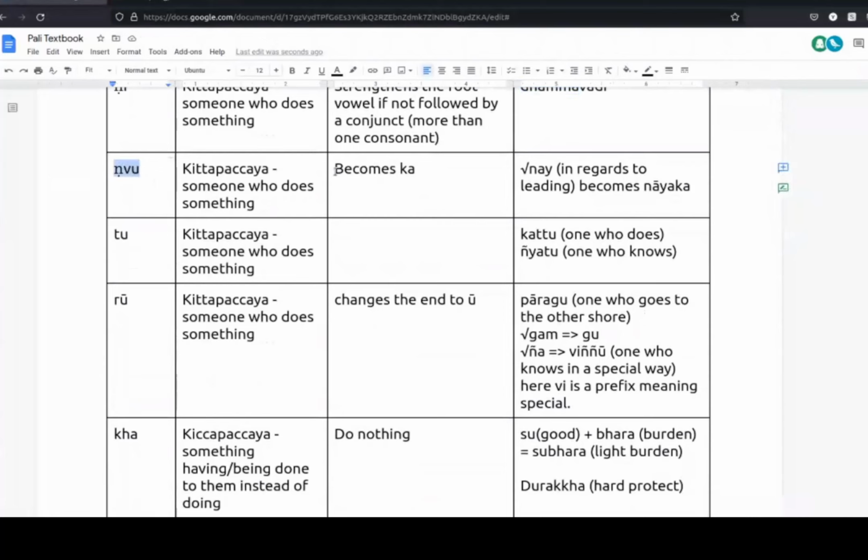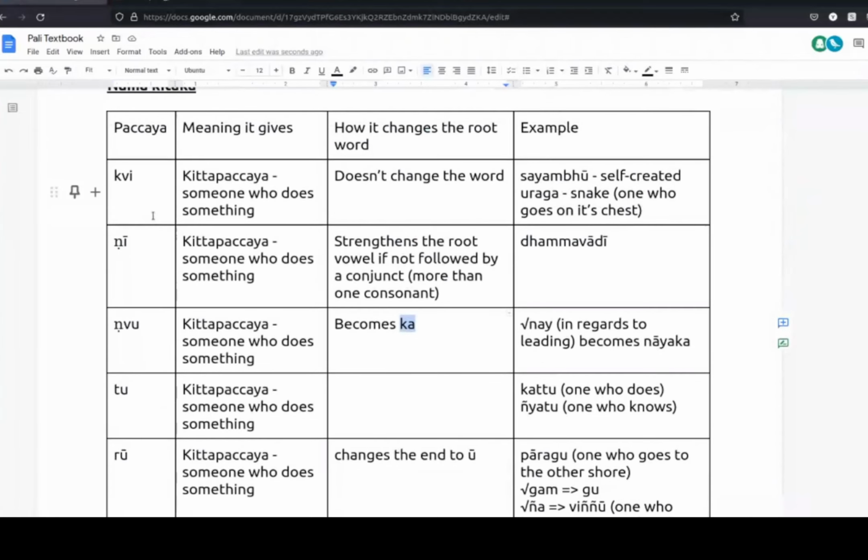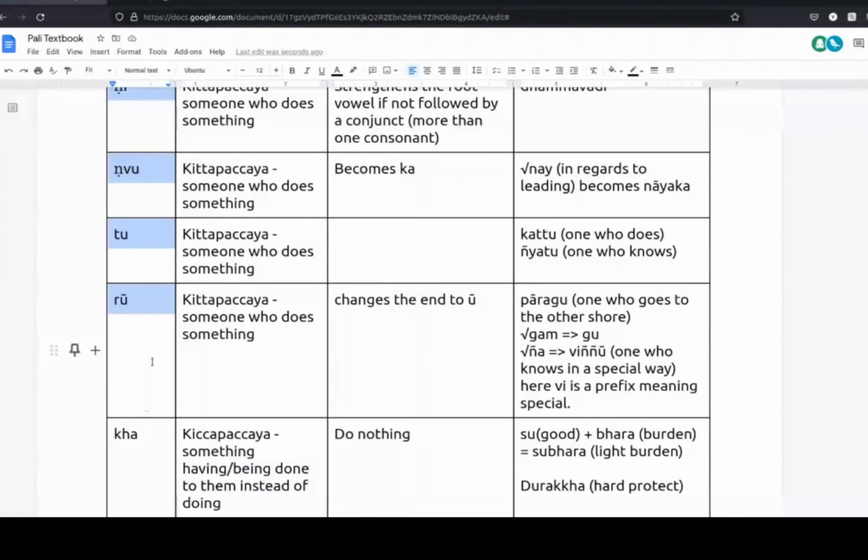Nayaka, another weird one. Remember, in this case as well, it's only here to strengthen the root vowel. But the suffix is not actually vu, it's aka. See, when I learned these, I had to memorize these names. That's what these names here are for, actually.